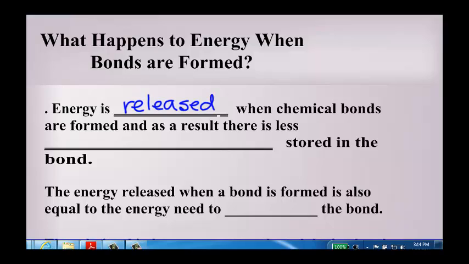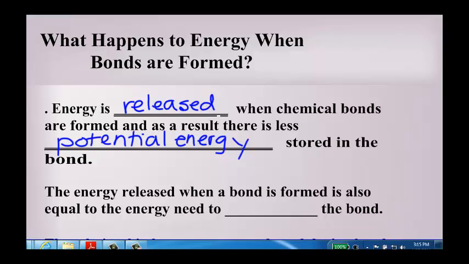That's why explosions happen, because bonds are being made. If bonds are being made, a lot of energy is given off. Depending on how many bonds and how strong they are, the more energy is released. So as a result, if energy is released, there's less potential energy stored in the bonds, in the molecule. So making bonds is an exothermic process.